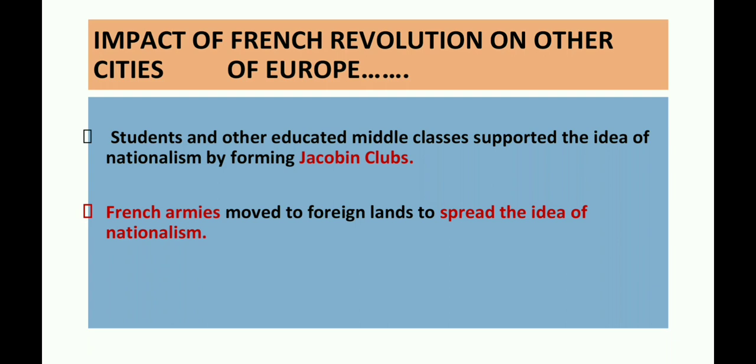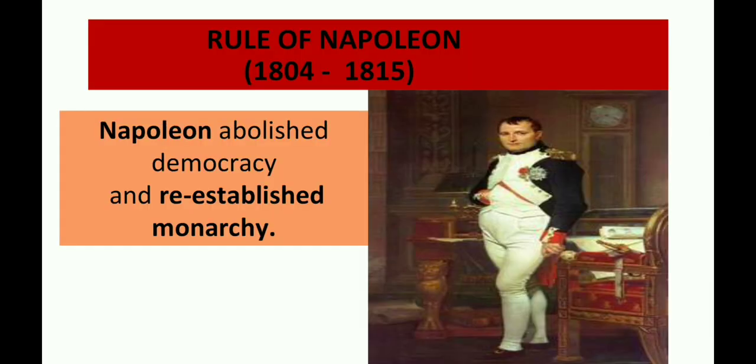And due to this widespread enthusiasm, the French armies were welcomed by European countries such as Holland, Belgium, Switzerland, and Italy in the 1790s. The era after the French Revolution saw the emergence of a famous historic personality, a warrior known as Napoleon Bonaparte.